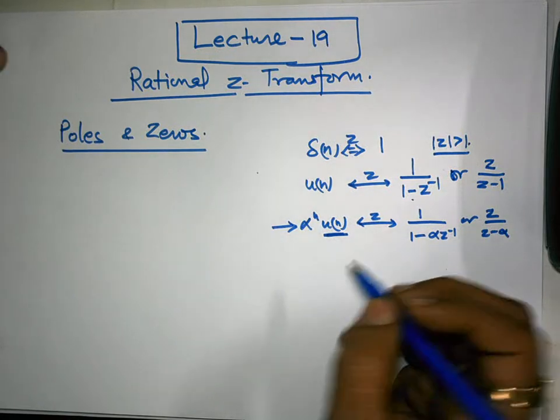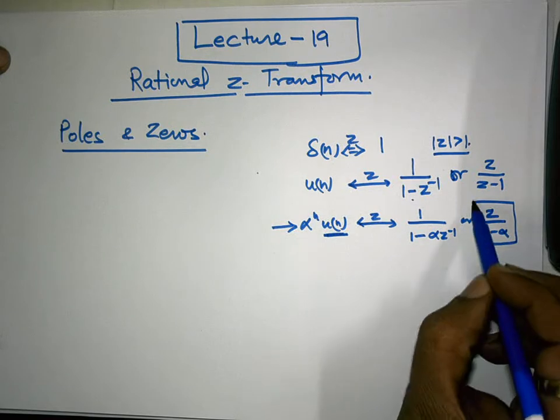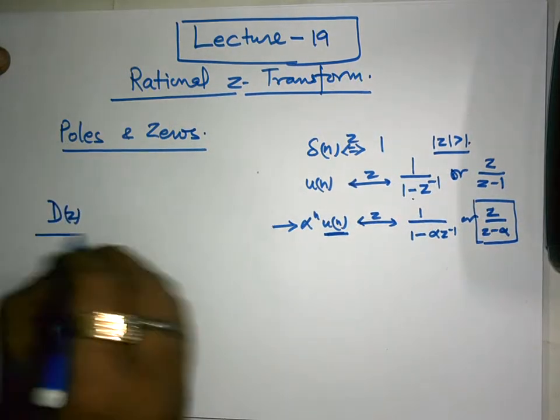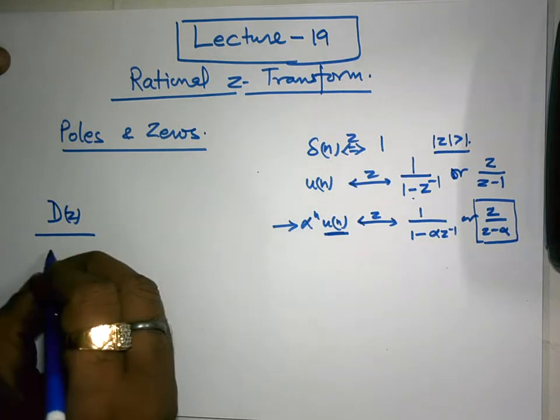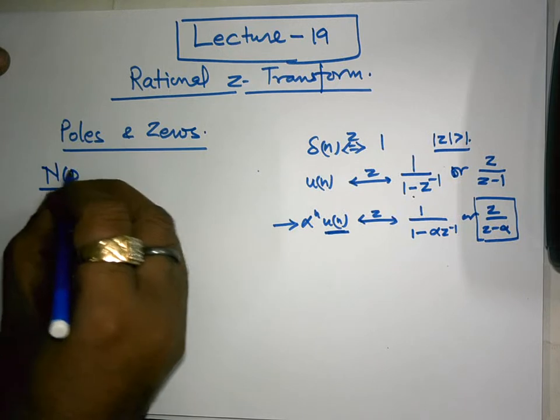Now if you see all these z transforms, they are expressed in the form of some numerator polynomial of z over denominator polynomial of z.